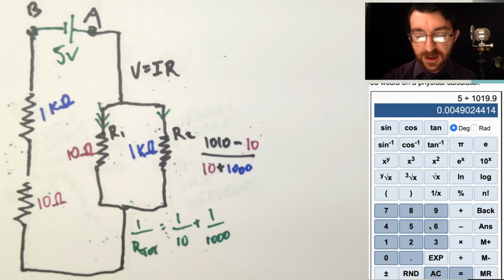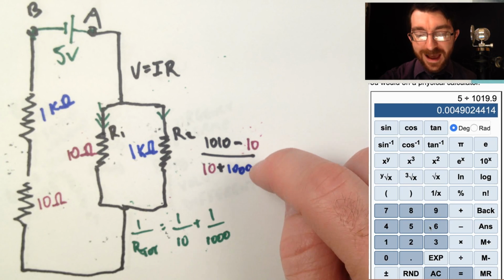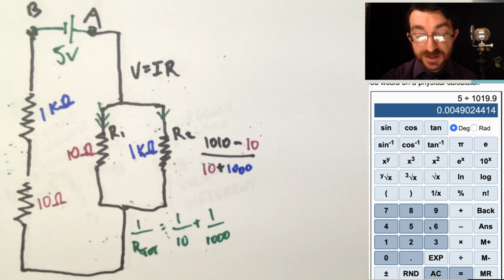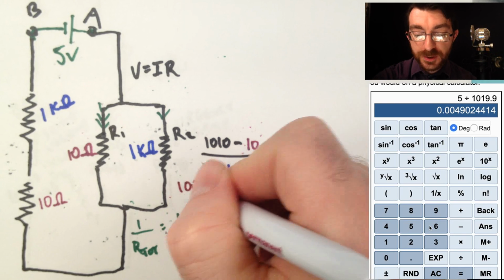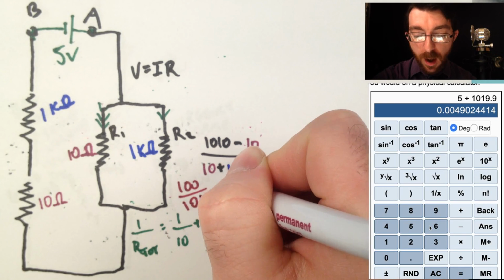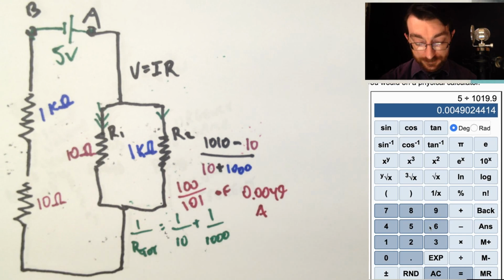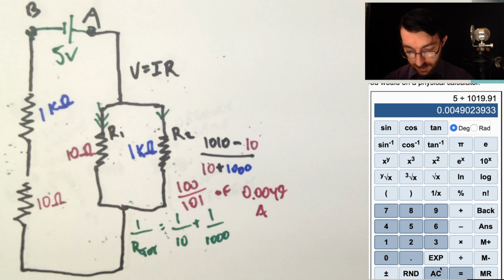This is going to end up being 1,000 out of 1,010, which is 100 out of 101. So this resistor is going to end up getting 100 out of 101 of the total 0.0049 amps of current. Let's see what that is. 100 out of 101.